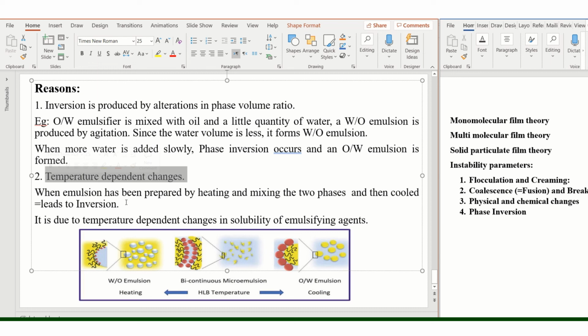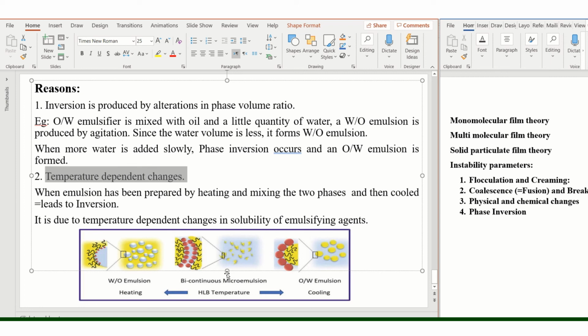But if this prepared emulsion is exposed to extremely high or extremely low temperatures, it will lead to inversion, because these temperature dependent changes actually affect the solubility of emulsifying agents. When you look at the picture, you'll be able to see clearly.